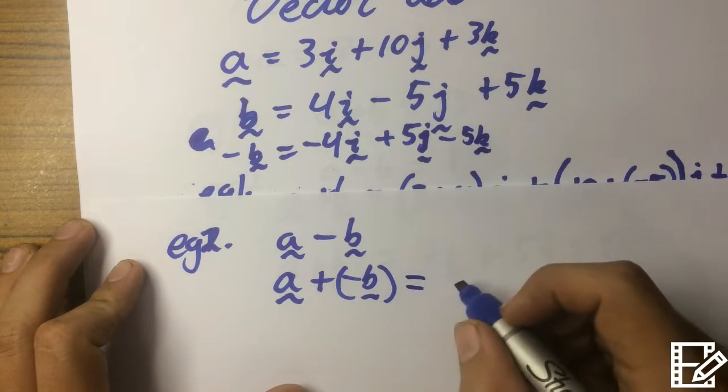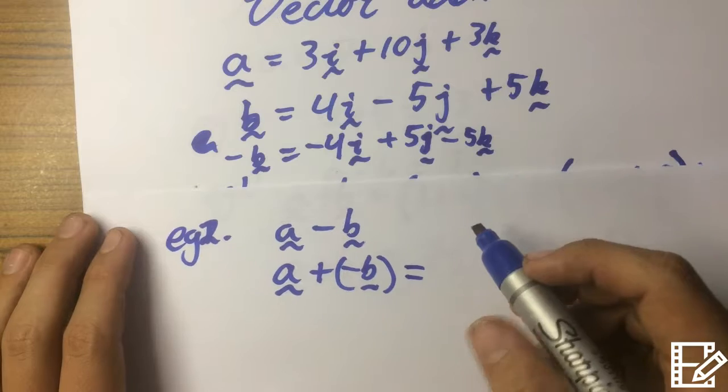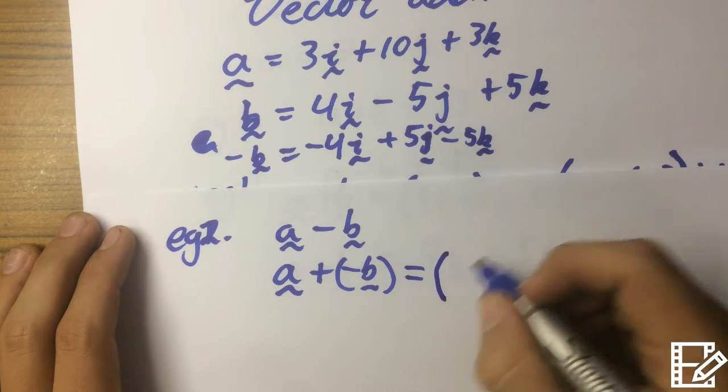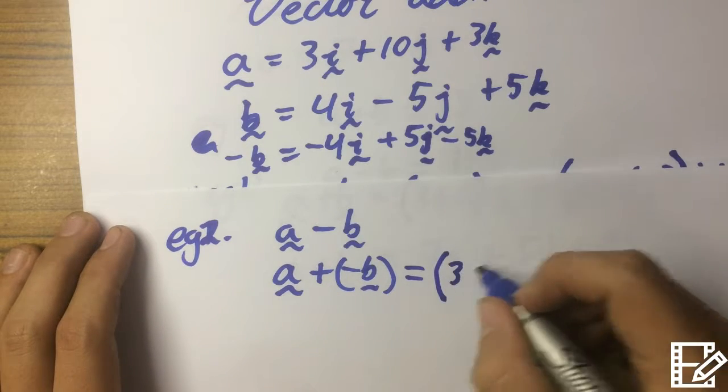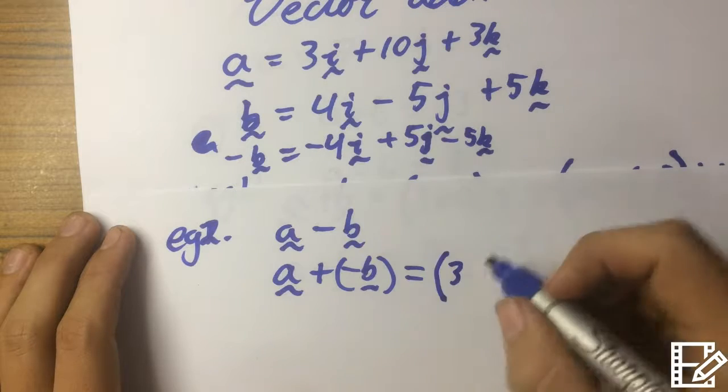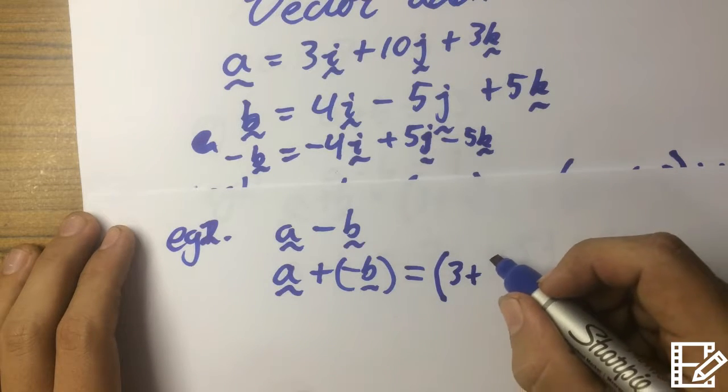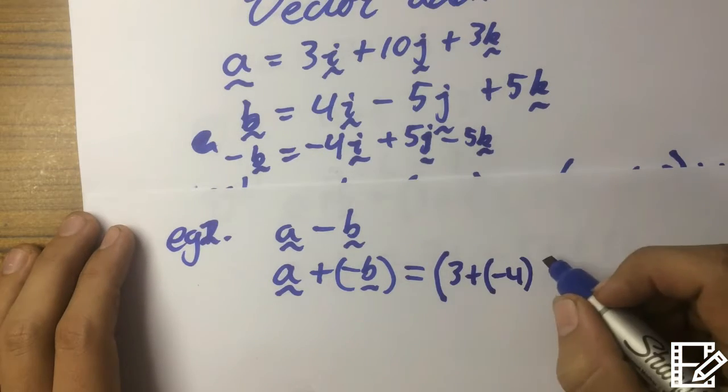So that will equal, we have our A vector, so we group them. A, 3, and we have plus negative 4i.